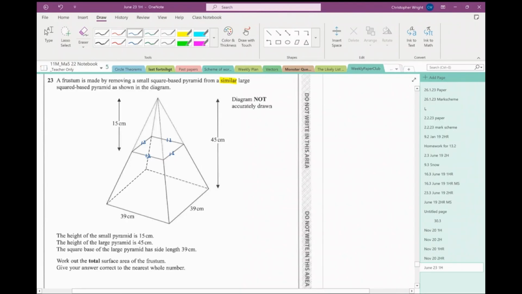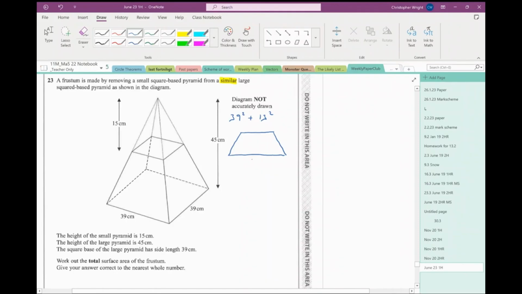So when I'm thinking about the surface area of the solid on the bottom, I have already got 39 squared for the square on the bottom and 13 squared for the square on the top. So all I'm left with is having to find the area of 4 trapeziums or trapezia, like that.